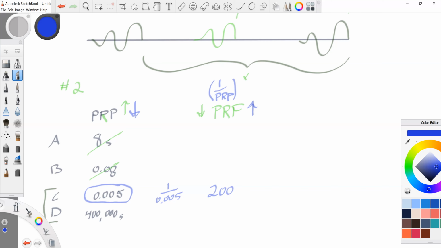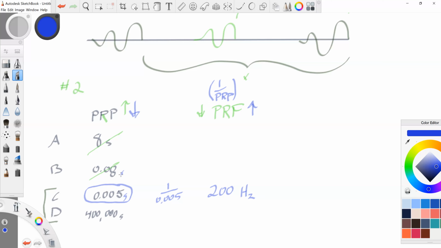I've changed everything to seconds over on this side. Pulse repetition frequency, 200 hertz. Duh, 200 per second, because I've already changed things to seconds. Even I'm learning something new, right?